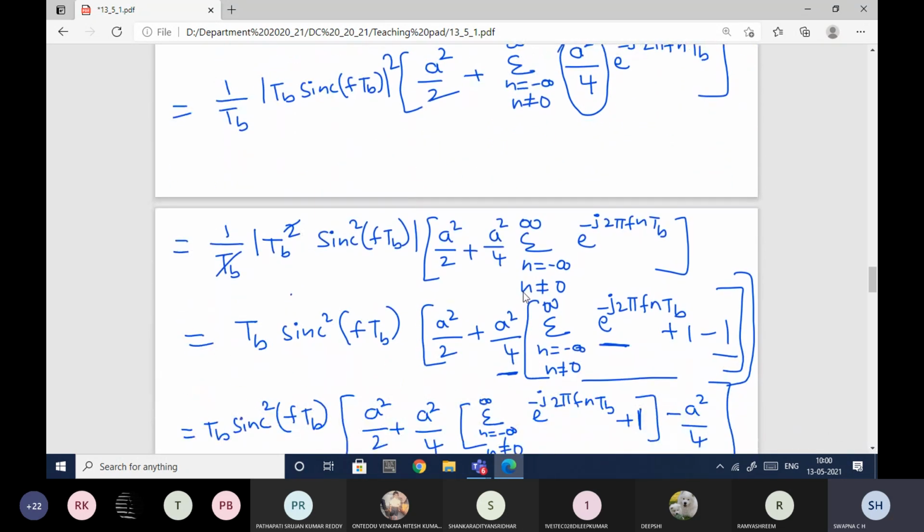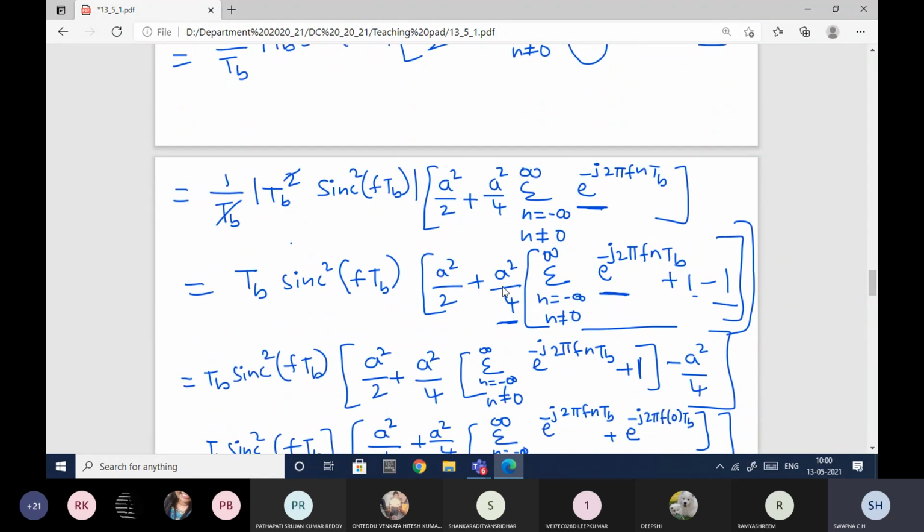After taking it outside, for further analysis, we are extending the mathematical analysis. So what I'm doing, I'm adding plus 1 and minus 1 to this. And then I have multiplied this square by 4 inside, so that these two terms I have taken together and this term separately.